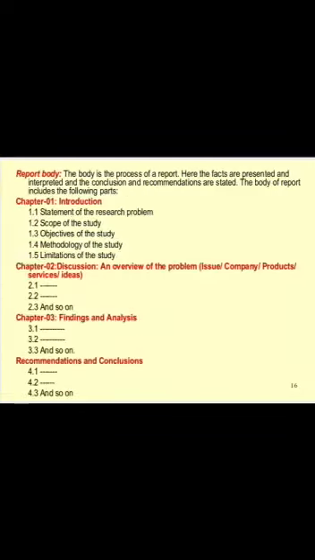Next, report body. In this report body, after the preliminary part is over, we have to consider introduction and chapters. These chapters might be different. Some people go for introduction, product profile, company profile, and industry profile, and regarding all those areas they will cover in the chapters. And chapter 3, here findings and analysis.